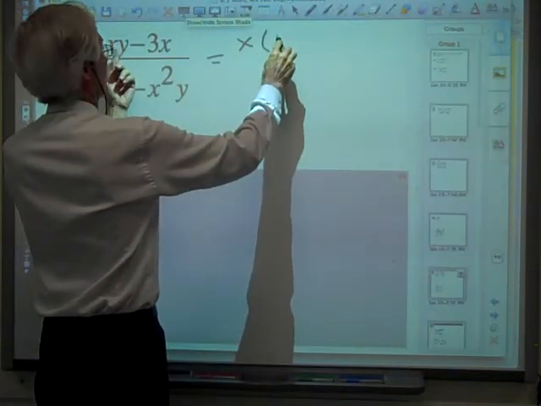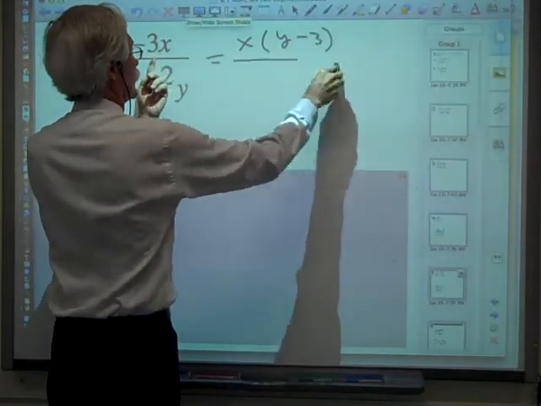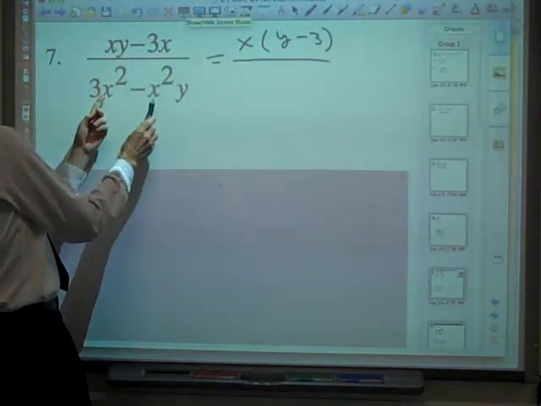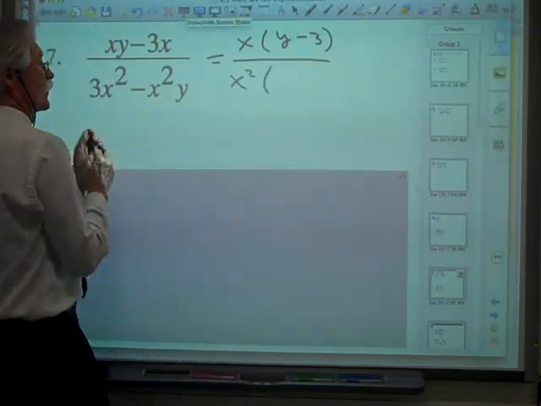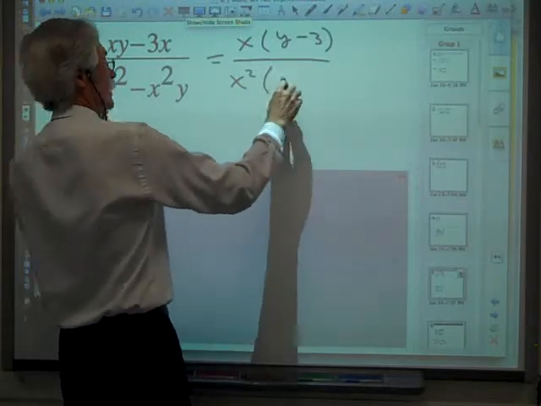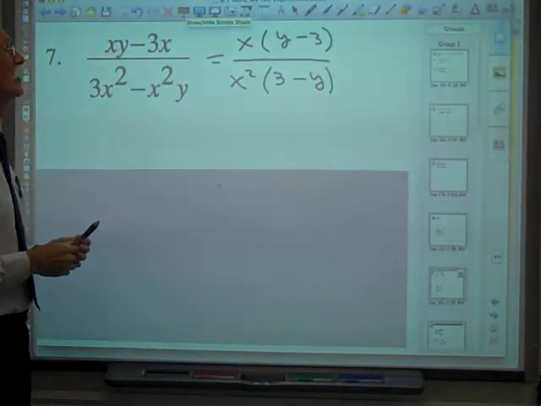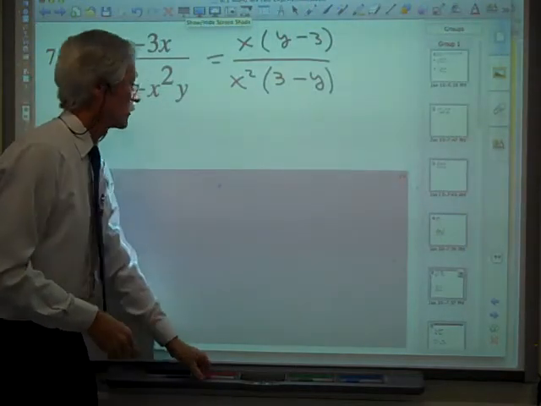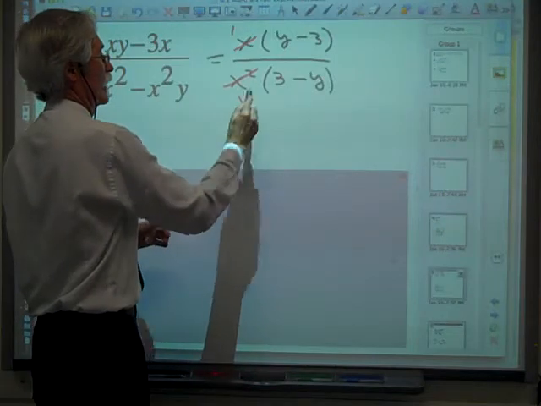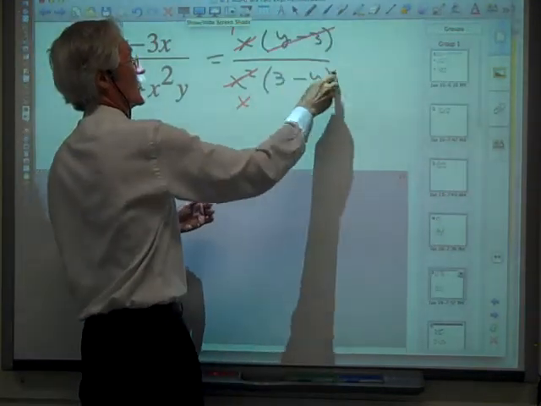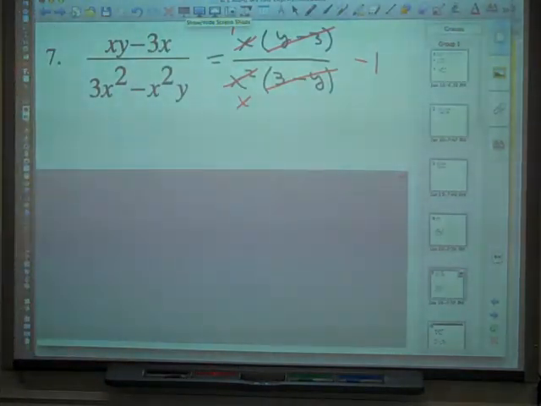X, take an X out of there. Y, take an X out of there. What's in common here? X squared. What's left? 3 minus Y. Will that X cancel one of these, leaving one X on the bottom? And those will cancel, leaving minus 1.